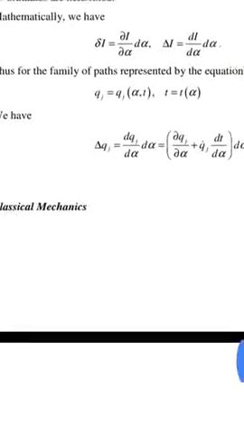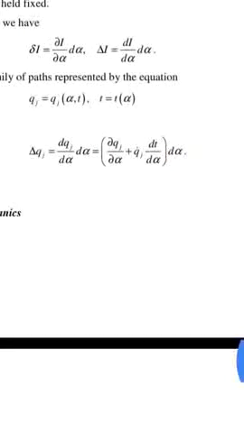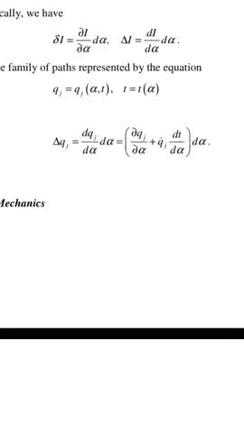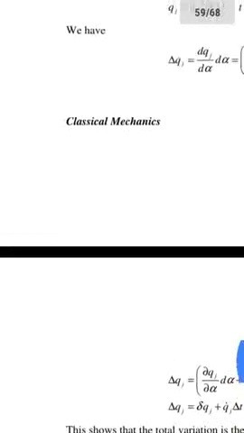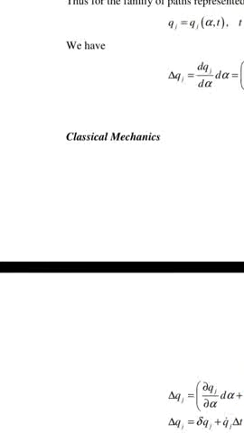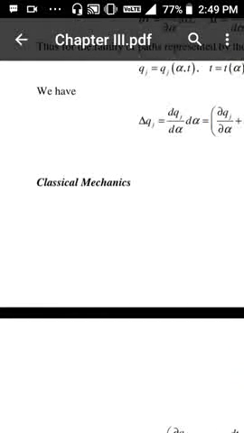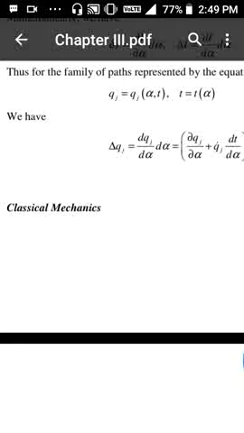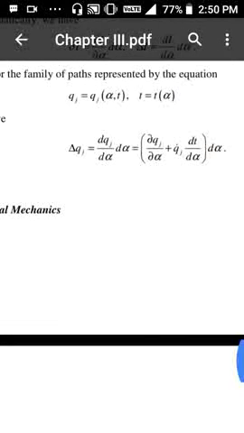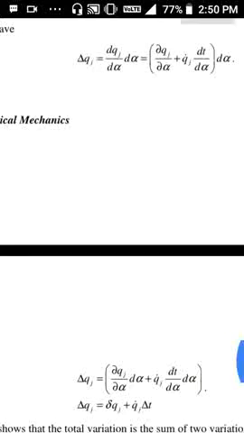Thus, for the family of paths represented by the equation qj is equal to qj of alpha, t is equal to t of alpha, we have del qj is equal to dqj by d alpha, is equal to dou qj by dou alpha plus qj dot dt by d alpha.